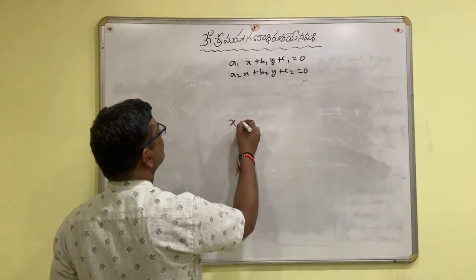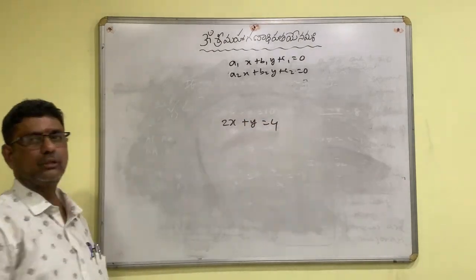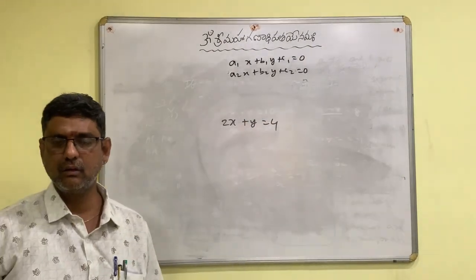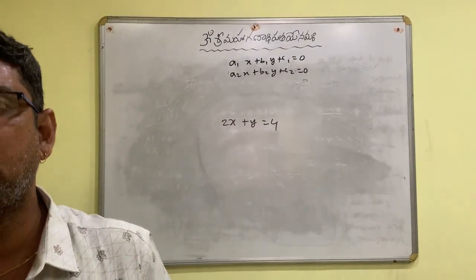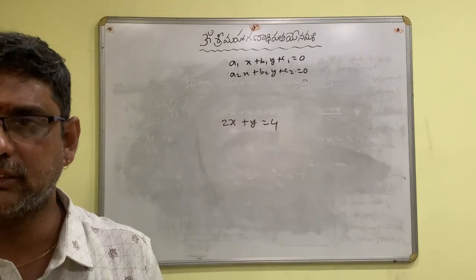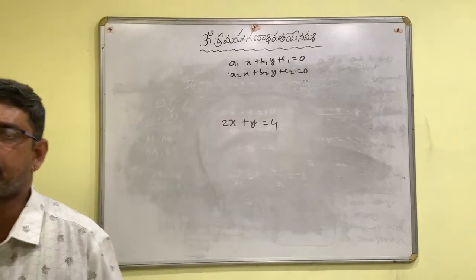Now, so this is one equation. You need to write another equation such that both will form an independent pair of equations.